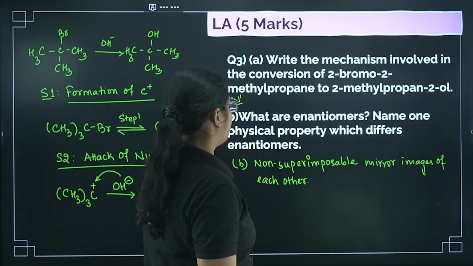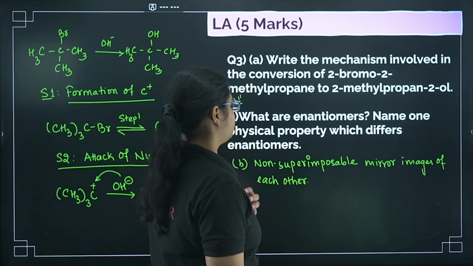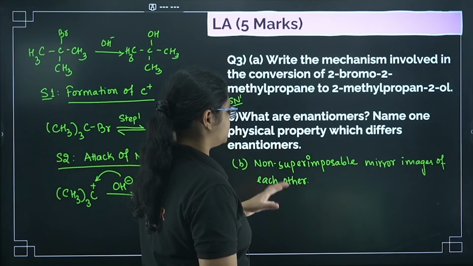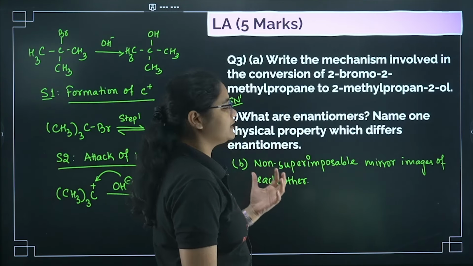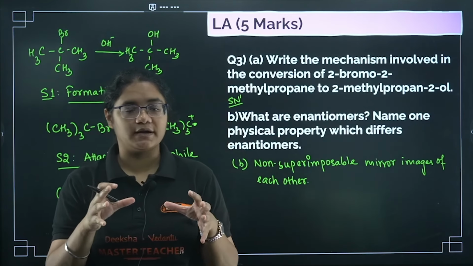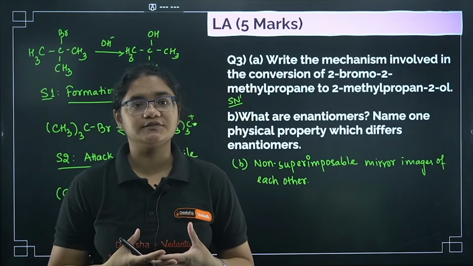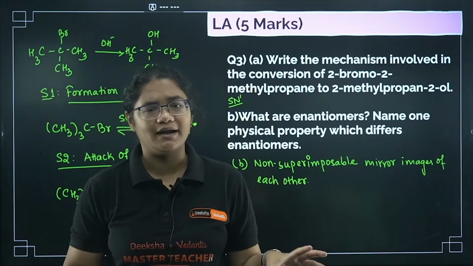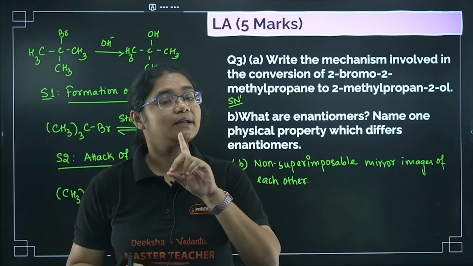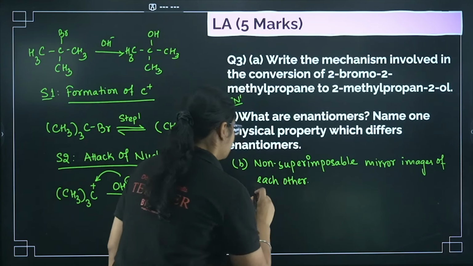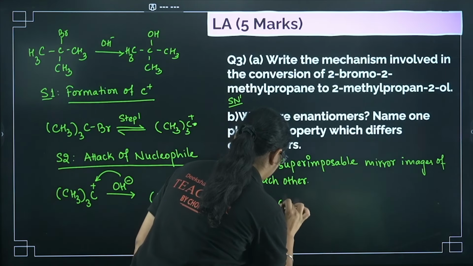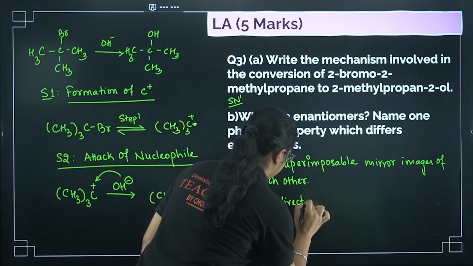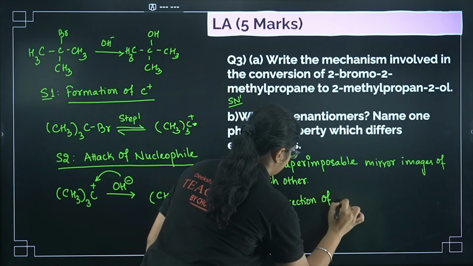Okay. Now name one physical property which differs in enantiomers. So enantiomers have all the physical properties the same, their boiling point, melting point, density are the same, but the only property which differs is the direction of rotation of plane polarized light.